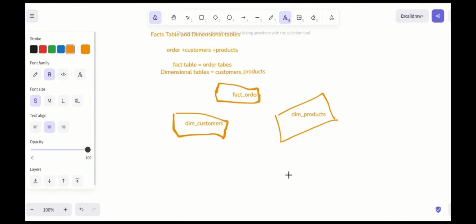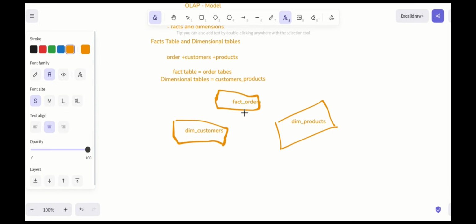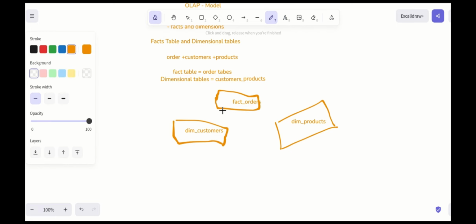Since the fact table contains the foreign keys and the dimensional tables contain the primary keys, there will be a relationship between the fact table and the dimensional tables.